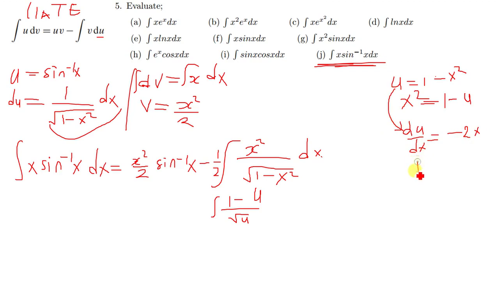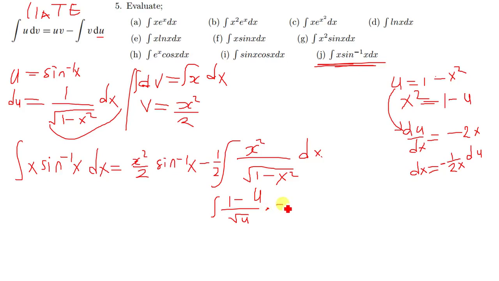So meaning my dx is going to be equal to negative 1 over 2x du, like that. So it's just a matter of replacing it there.